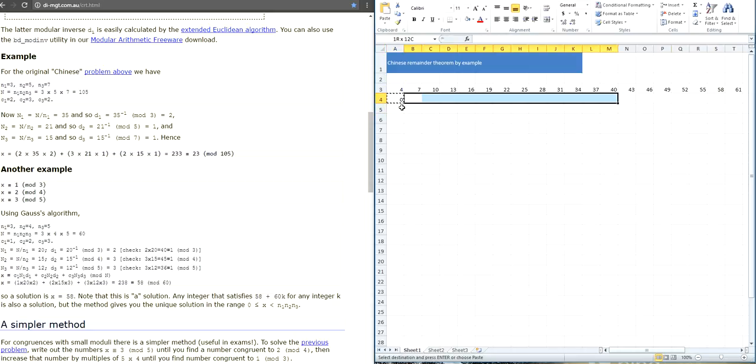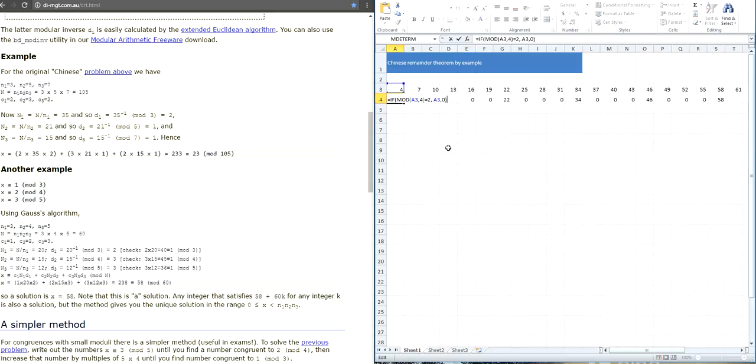Control C, Control V. So these numbers here we get, some of them are equivalent to 2 mod 4. So we can do the same, and Control C here, Control V, and this time it's going to be a4, mod would be mod 5, and we are looking at 3.